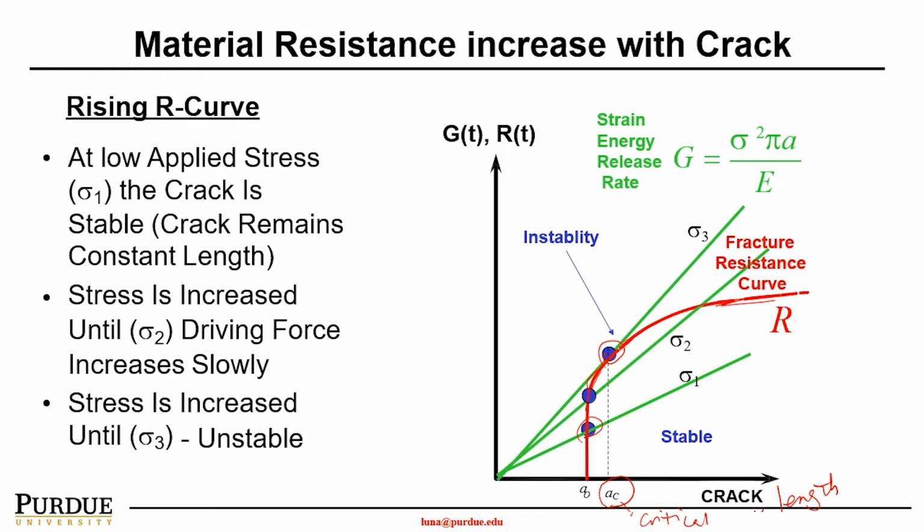So the entire fracture mechanics is to identify when the crack becomes unstable, when the crack reaches a_c, or at what stress level this crack a_0 will start to grow, and at what stress level this growth will become unstable.